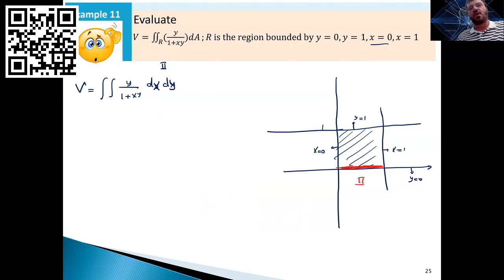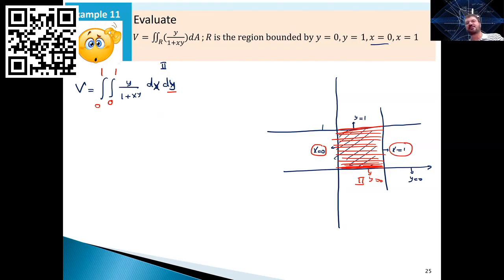Okay, so y starts from where? The line is going to start from y equal to 0 up to y equal to 1. So the line is going to keep on moving all the way till it reaches the top, which is 1. Okay, now on the left, the length of this line is x equal to 0 up to x equal to 1. Here is 1. Done.